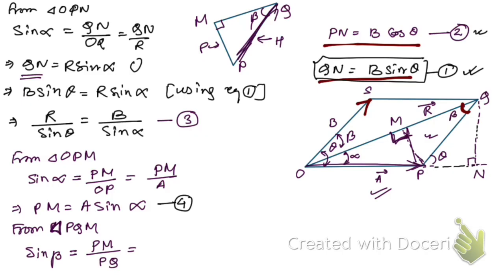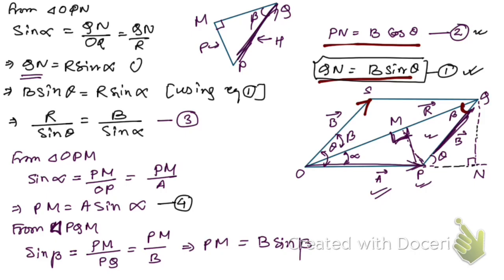This side PQ again represents the length of vector B, because OS represents vector B, so PQ also represents vector B. Its length gives the magnitude of vector B. So we can write sin beta equals PM by B, which implies PM is equal to B sin beta.